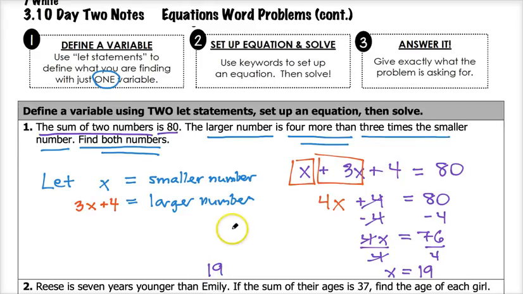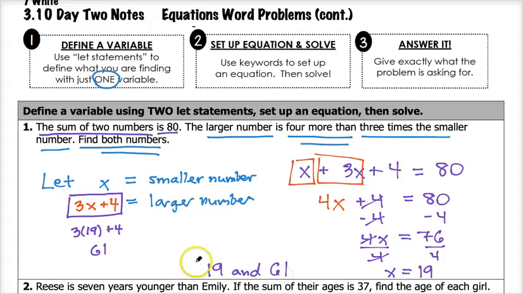To find the other number though, I'm going to go back to my let statements, and because I know the larger number is 3 times x plus 4, well, if the smaller number x is 19, I can now substitute 19 in for x to find the larger number. So the larger number would be 3 times 19 plus 4, and that's going to give me 61. So my two numbers are 19 and 61.